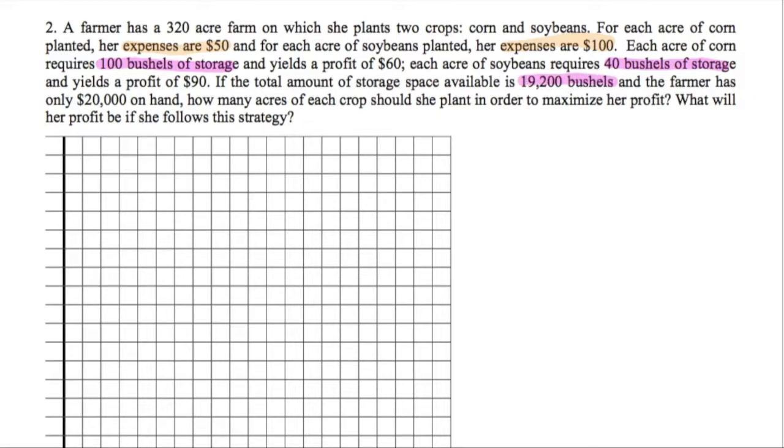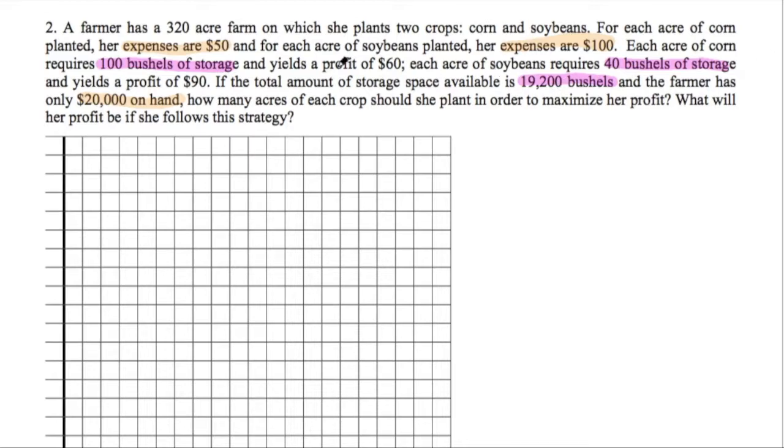And back to the expenses, these two expenses are really connected to the $20,000 that she has to spend. She can buy with $20,000, but corn costs this much and soybean costs this much. She has storage space. Corn takes this much, soybean takes that much. She has that much space. So those pieces are connected to each other.